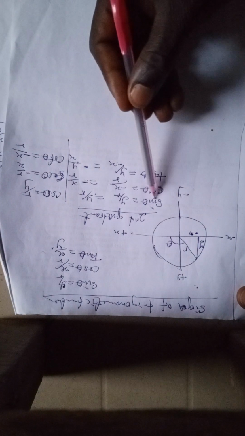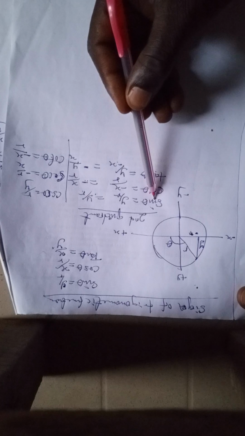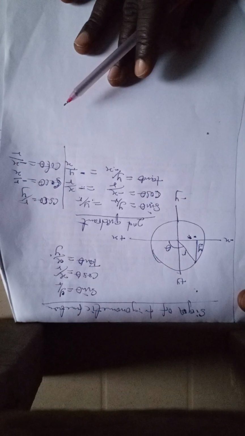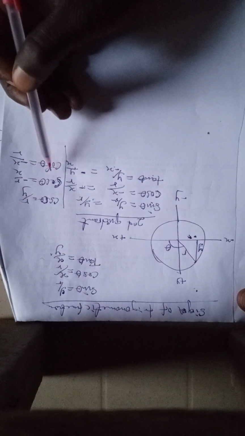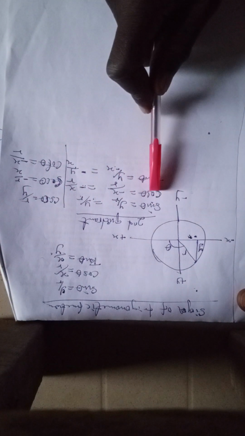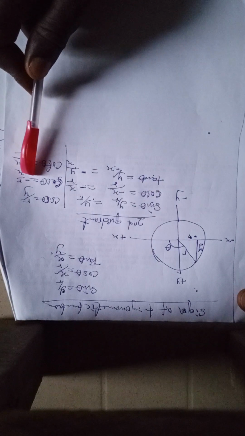For tan theta, you have cot theta, which is minus x over y, also negative. It means when a trigonometric function is negative, its reciprocal is also negative. So sine is positive, so cosec is positive. Cos is negative, so sec is negative. Tan is negative, so cot is negative. This is what happens in the second quadrant.